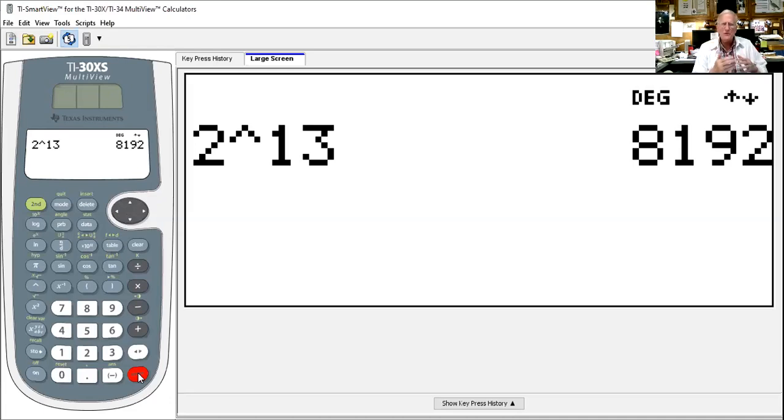So the exponents work a little differently on a regular phone than they do on a scientific calculator like we have here. Also remember, on your phone, you have to turn it sideways, and if you turn your phone sideways, it becomes a scientific calculator. So if you can find the calculator on your phone, you're able to do that. Now, if you have a calculator handy, obviously you're in good shape and ready to go here.